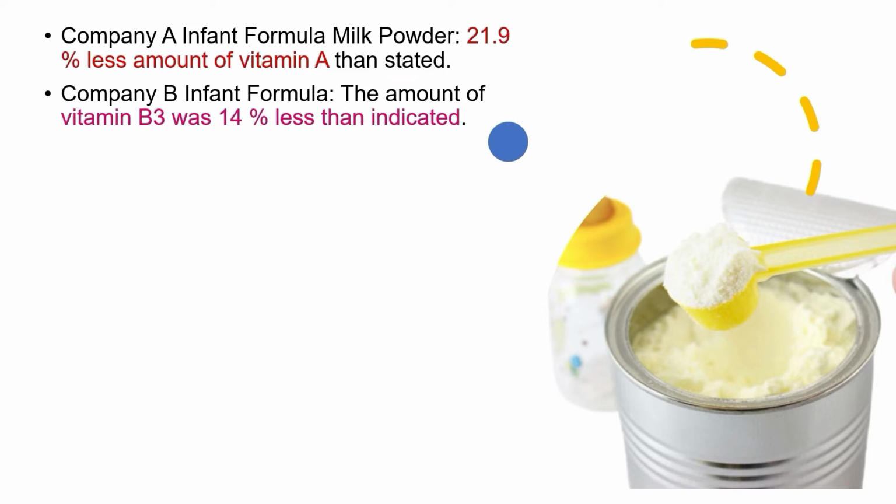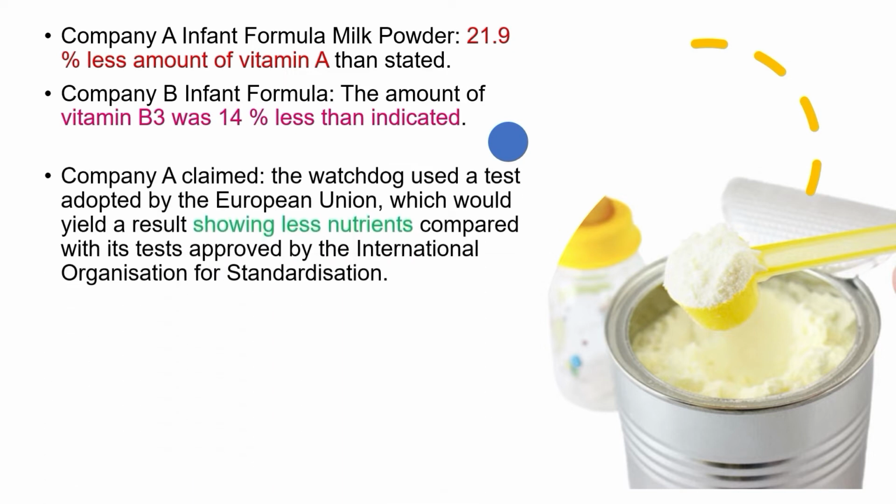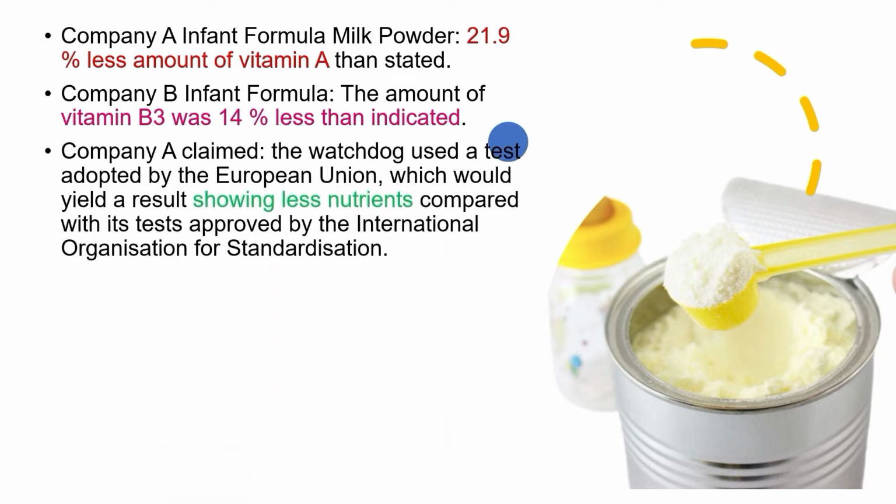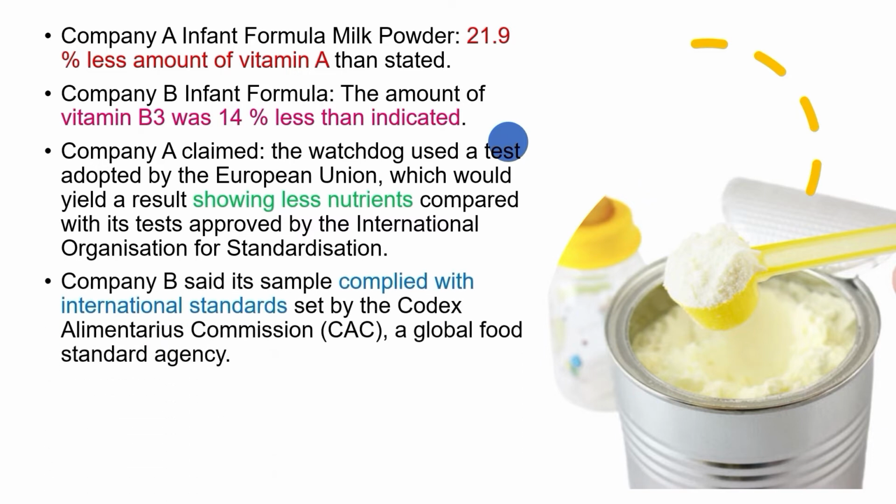What is the explanation and the claim? Company A claimed that the watchdog used a test adopted by the European Union which would yield a result showing fewer nutrients compared with its test approved by the International Organization for Standardization. How about company B?